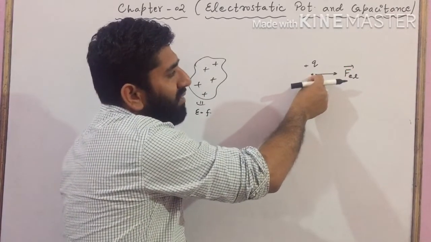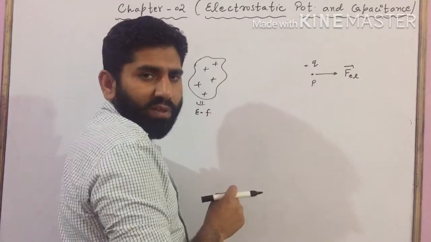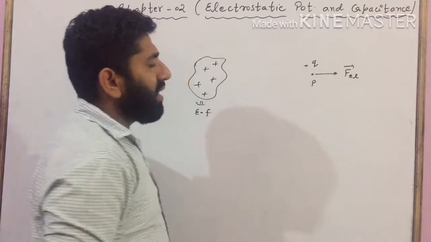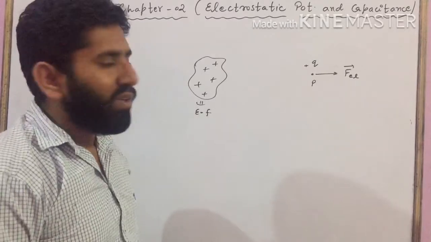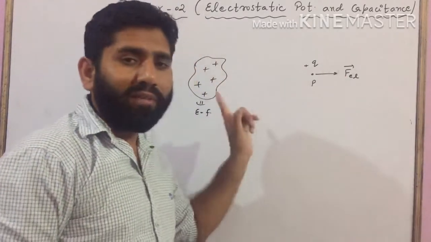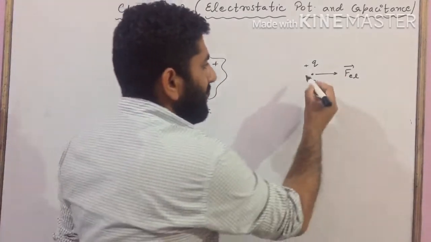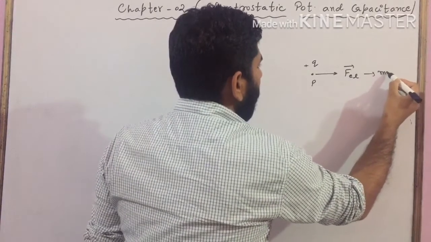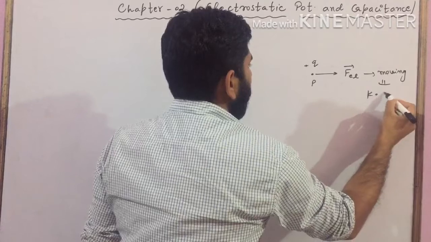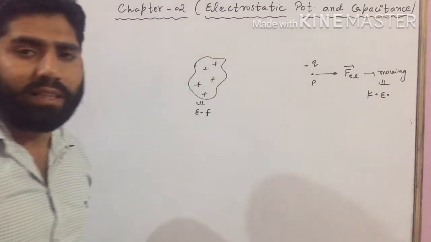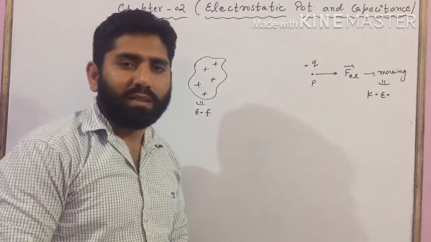So what if I leave this charge free? If I leave this charge free, will the charge be stationary still? No. It will start moving away from this body. So it will start moving, and it will gain some kinetic energy.